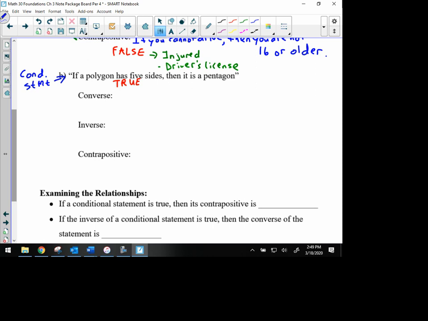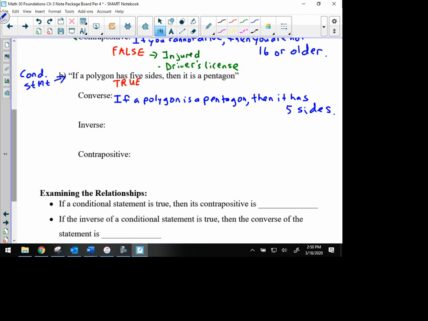The converse, we flip the hypothesis and the conclusion. So we say, if a polygon is a pentagon, so we're writing that first now, then it has 5 sides. And again, these things go hand in hand.